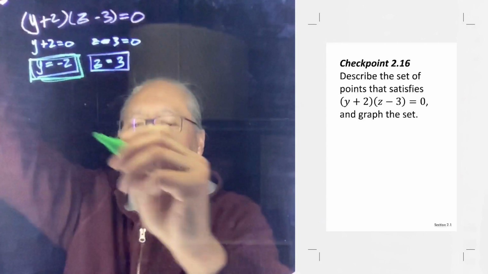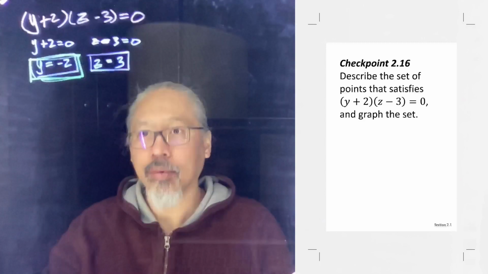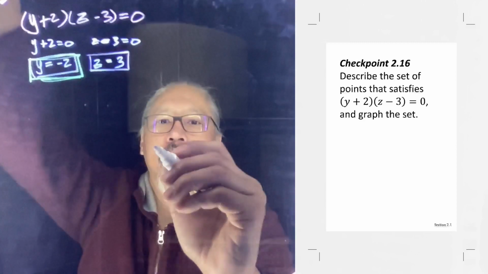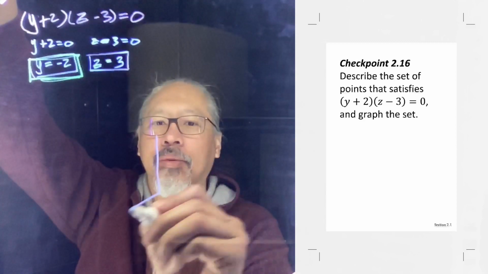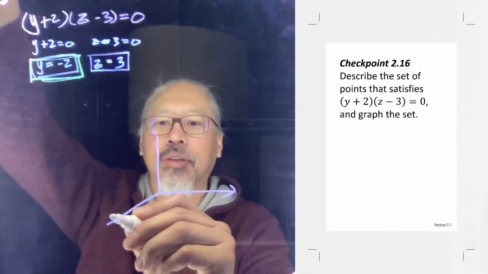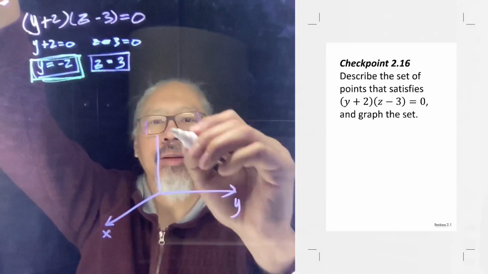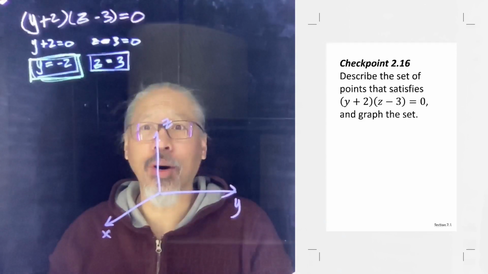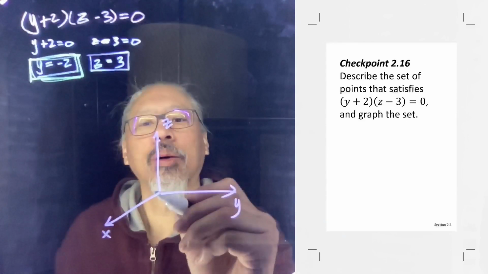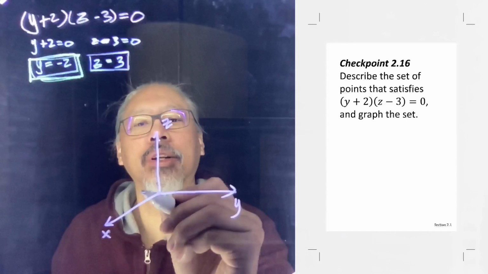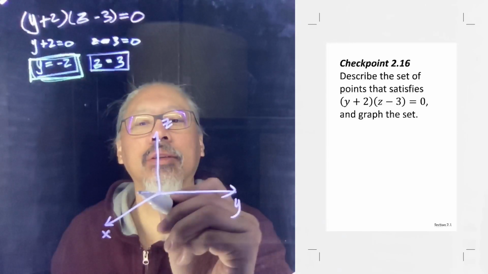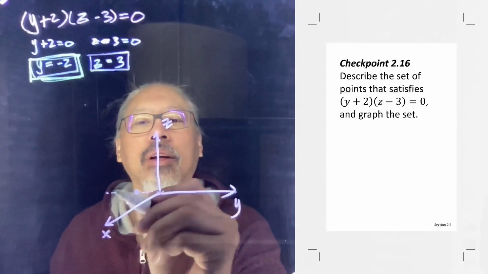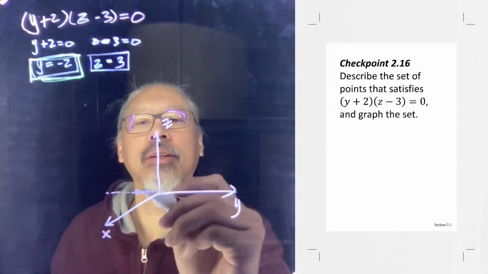and we imagine, let's draw our three-dimensional space, x, y, and z. And then we say y is equal to negative 2. Y is equal to negative 2 would bring us somewhere over here along the negative y-axis.